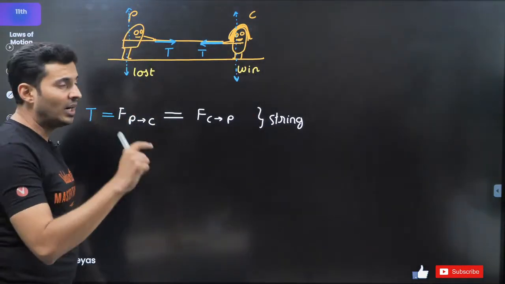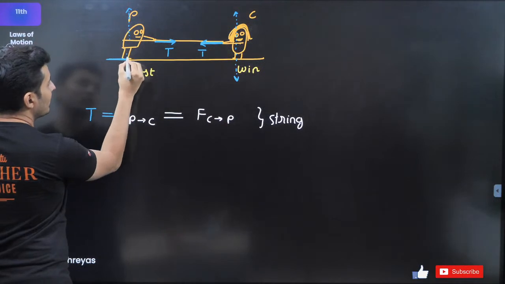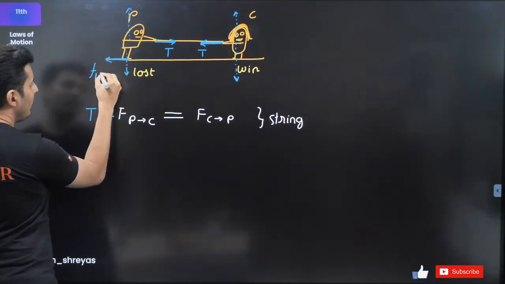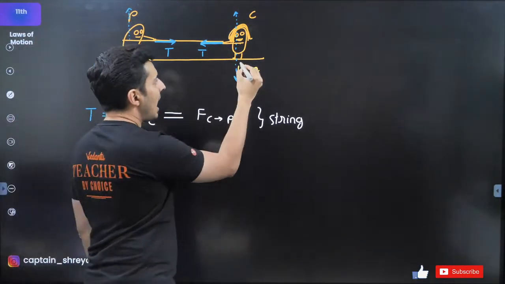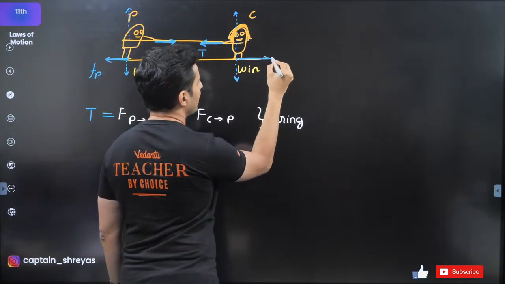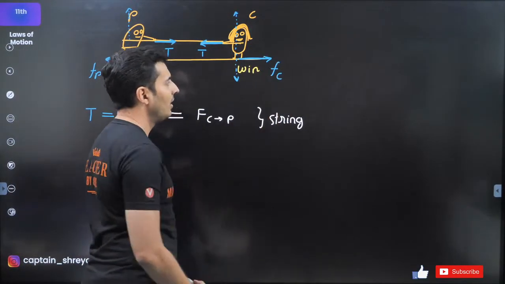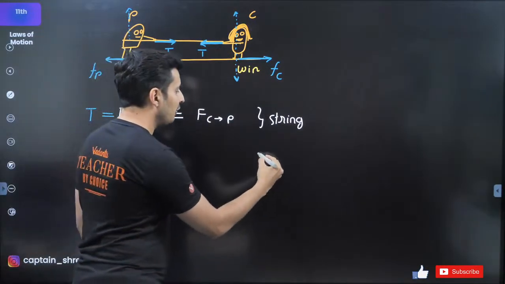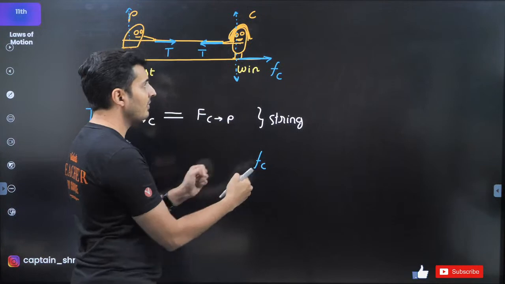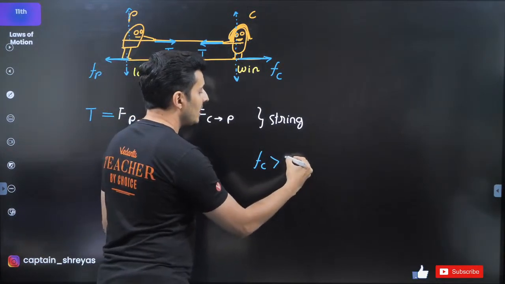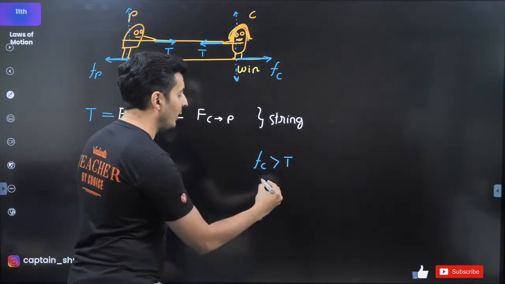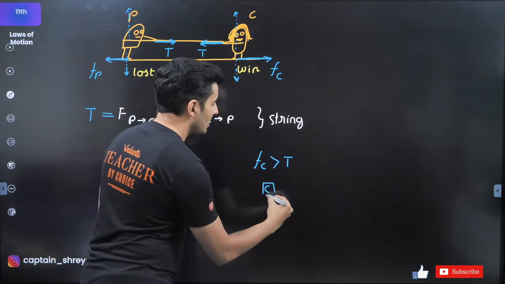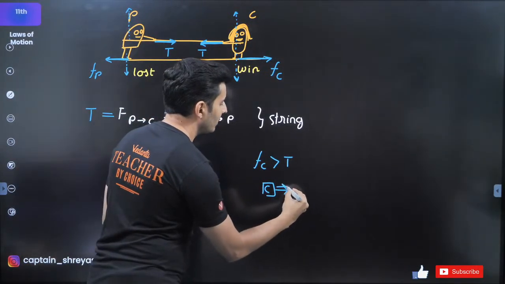Here, Pandu lost because the force of friction on Pandu was less as compared to the force of friction on Champa. Look at this. If you consider only Champa, the force on Champa by friction was more than the tension force, because of which Champa accelerated or moved this side.